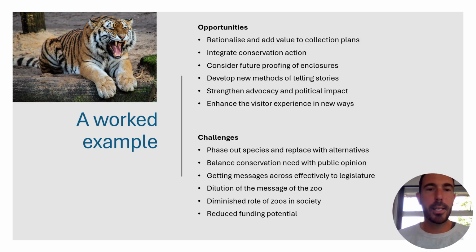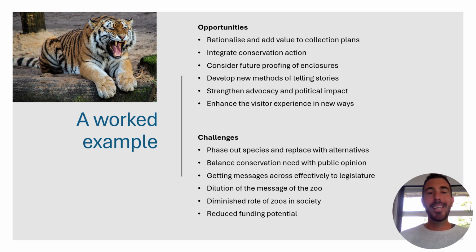So from this worked example, we should be able to identify opportunities and challenges from our scan across the literature. Our opportunities could be to rationalise and further add value to collection plans by changing how animals are displayed based on current welfare science outputs.